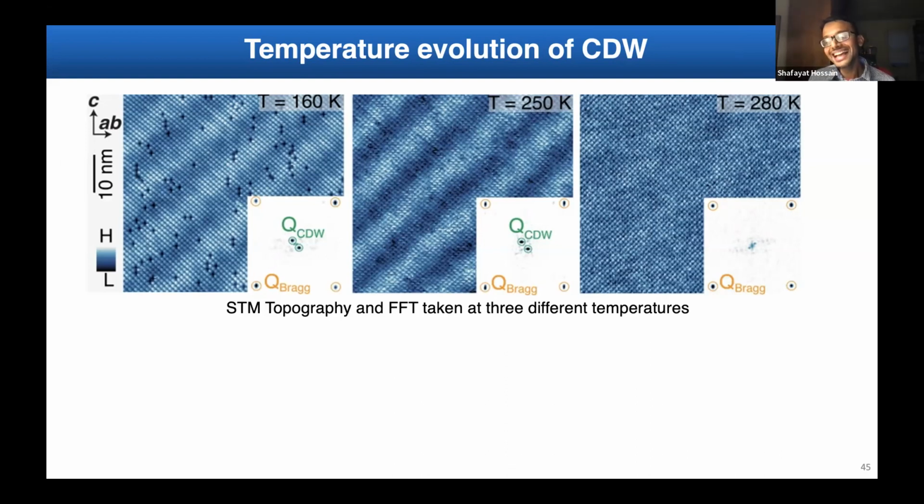Again, from the theory point, we do not know almost anything about it. The only thing that we know is there is a large gap, there is an edge state, and there is some oscillation that corroborates with the charge density wavelength along the edge. That's all we can say so far.